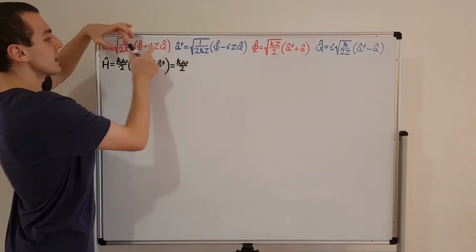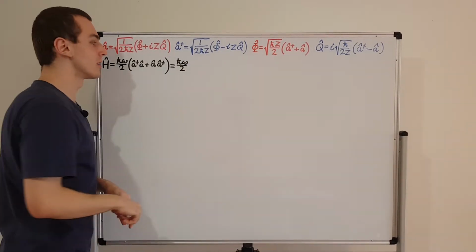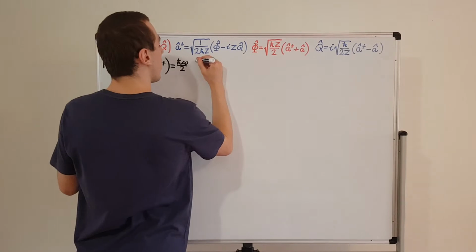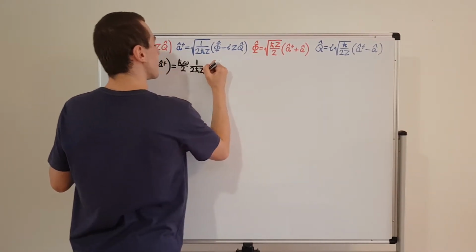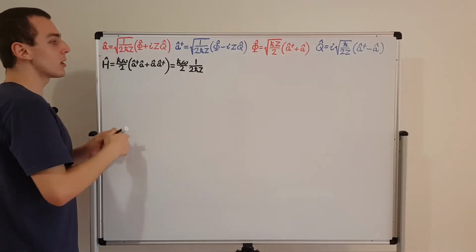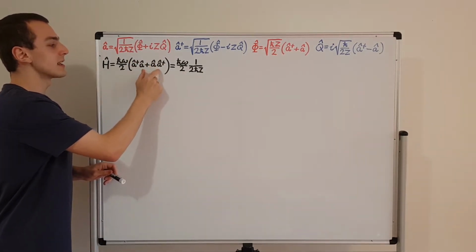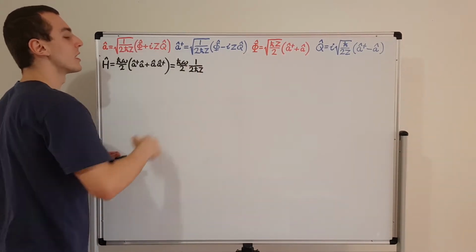And when we square this, because we're multiplying by the same thing, the square root sign is going to disappear. So we're just going to have 1 on 2 h bar Z. And that term is going to be present in both of these terms. So there's going to be a coefficient in both of these, and we can just pull that coefficient out the front. So that's what we have over here.